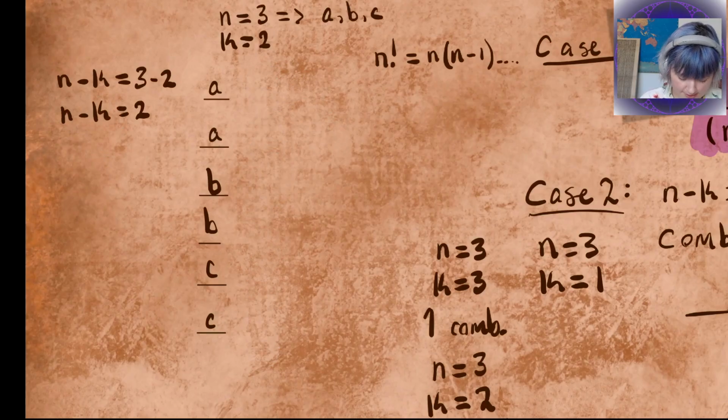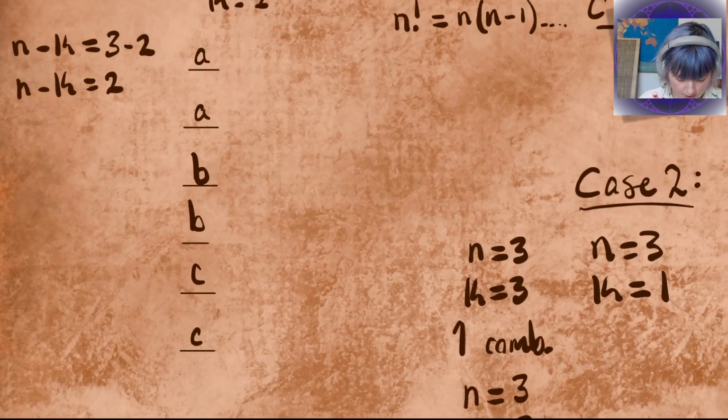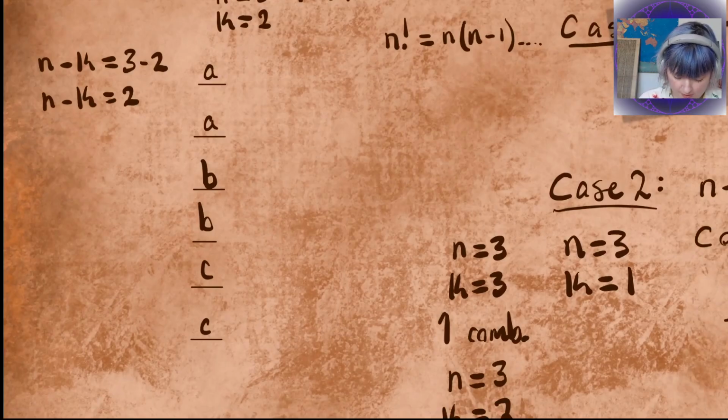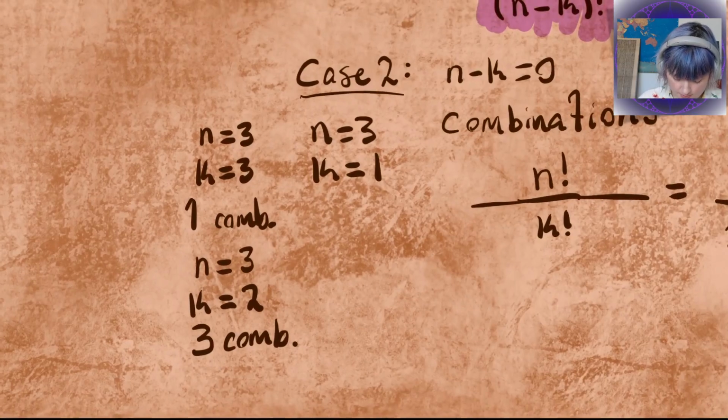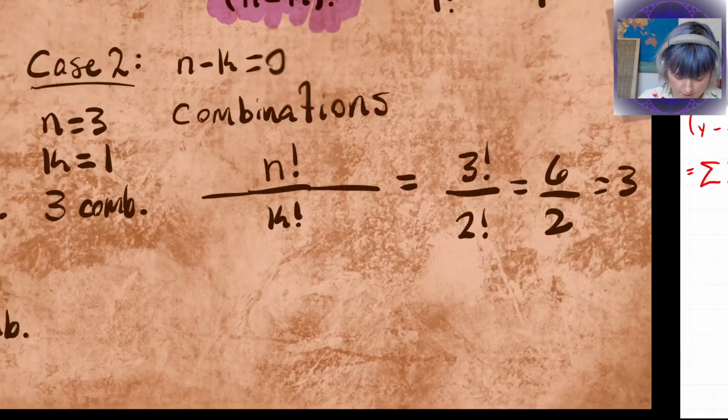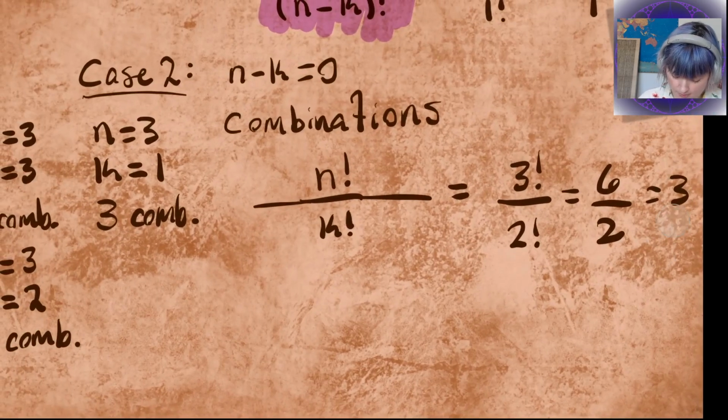In this case, we already said that for permutations, we have repeats, but it's the same for combinations here. Have here, repeat here, repeat here. So we have 3 unique combinations here. Okay, so let's plug that in and see if we get a 3.